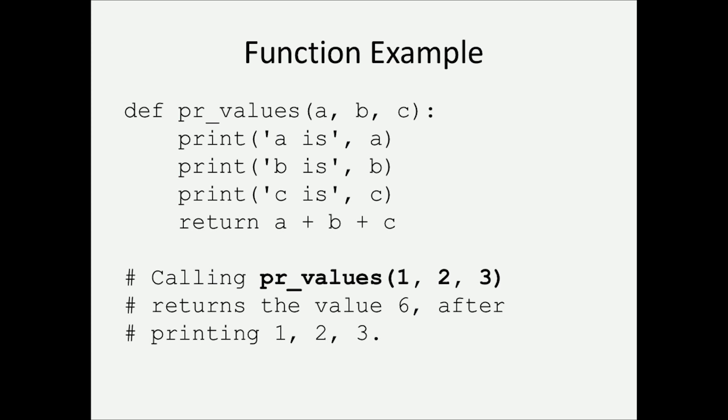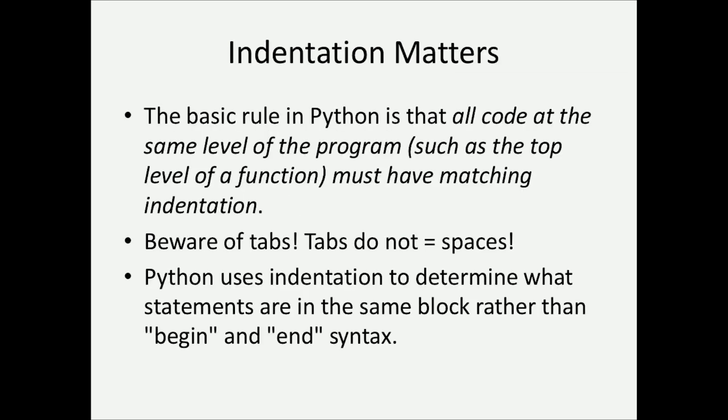I have a series of statements ending with this return statement, and they all line up. They're all indented by the same amount. If I then have the statement pr(1, 2, 3), it will return the value 6 after printing 1, 2, 3, because that's what the function does. It adds 3 arguments together, returns the result, and it does exactly what I expect.